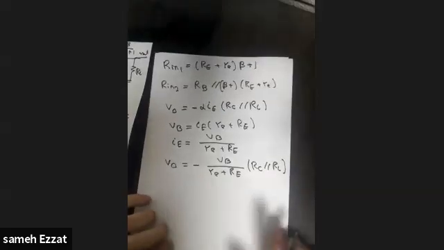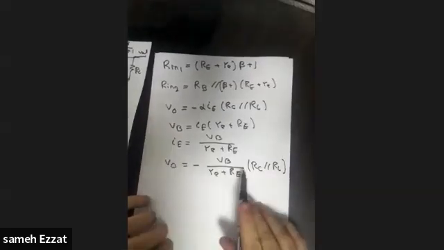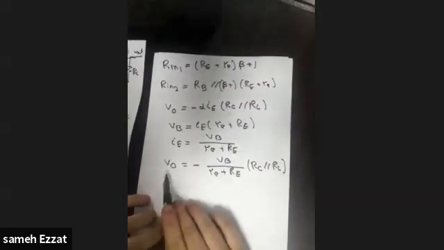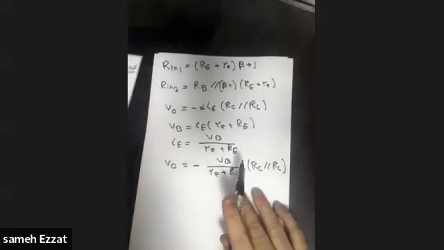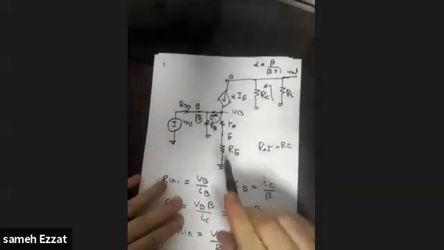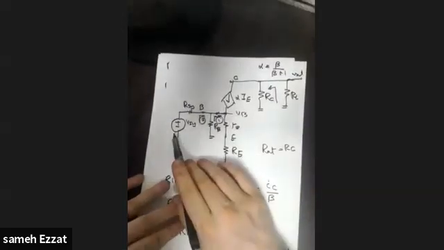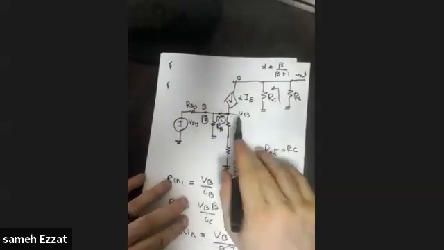Now it's a relation between V output and VP, but we need a relation between V output and V input, not V output and VP. So the next step is to link VP to V input. We did this in the previous example, if you remember. This is a potential divider.